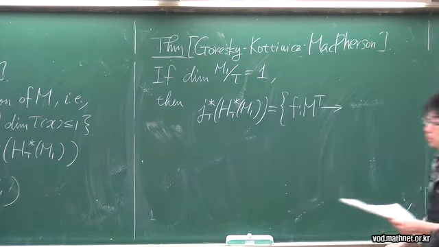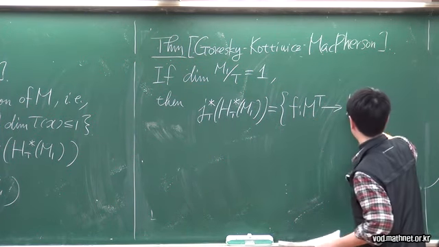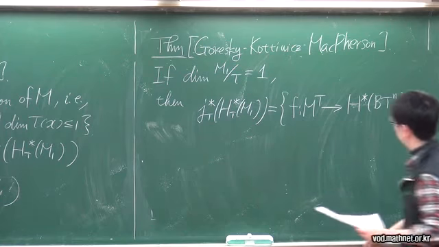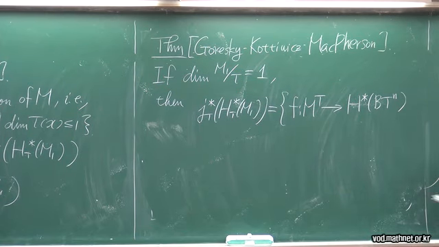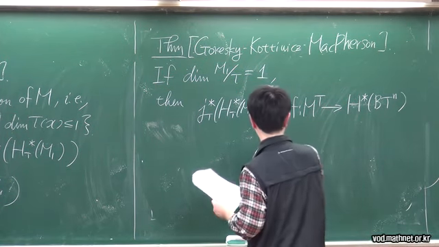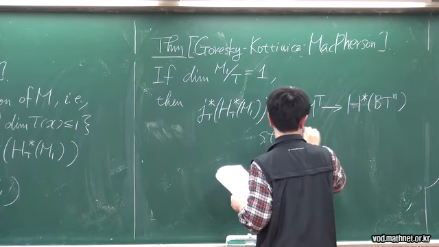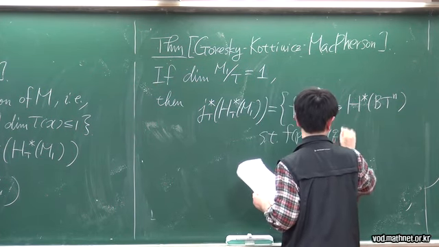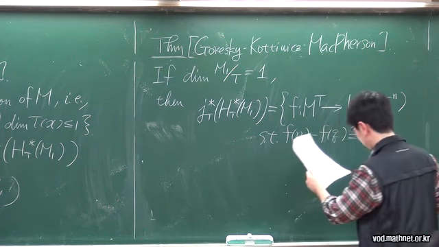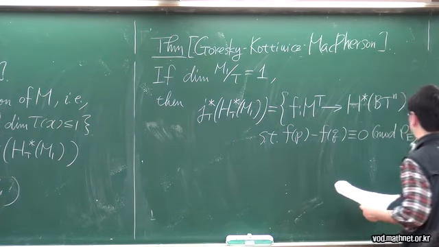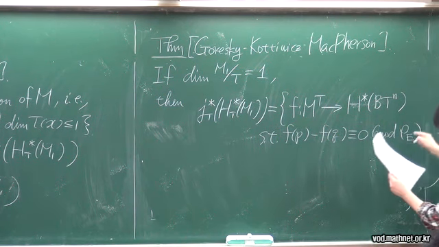This is a map from the fixed points, which in this case are isolated points, to elements of the equivariant cohomology. It's a tuple (f_p) which satisfies this condition: f_p minus f_q is zero modulo some element of the H2 second cohomology.